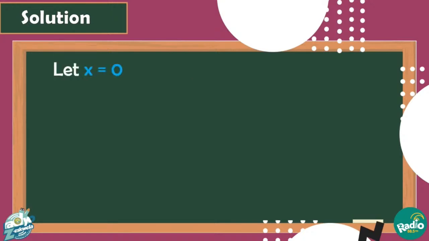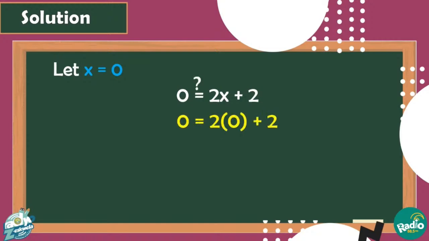The third value of x, which is 0, by simply copying our given equation, which is 0 is equal to 2x plus 2, and substituting the value of x, which is 0, to our given equation, the equation becomes 0 is equal to 2 times 0 plus 2.